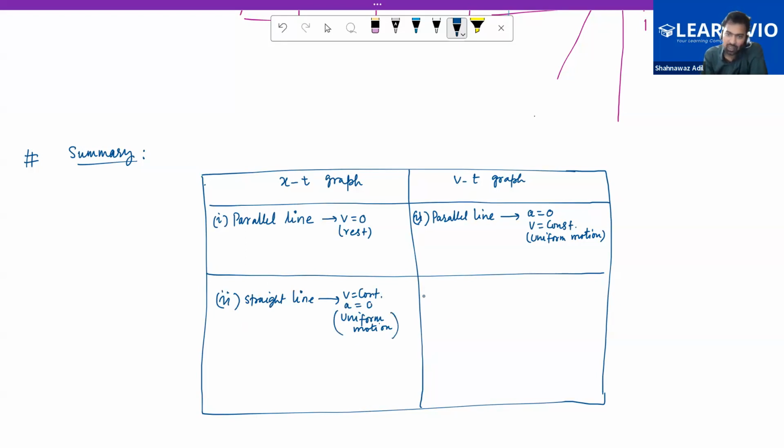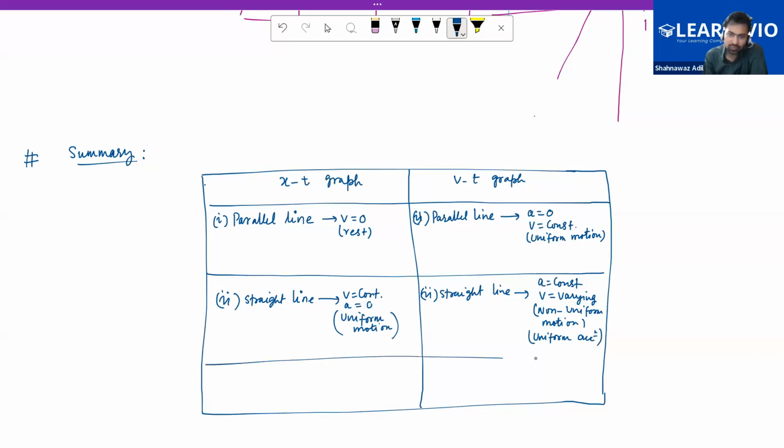Right? Yes. In the VT graph, a straight line represents a equal to constant, which is v varying, and this also represents non-uniform motion, which is uniform acceleration.